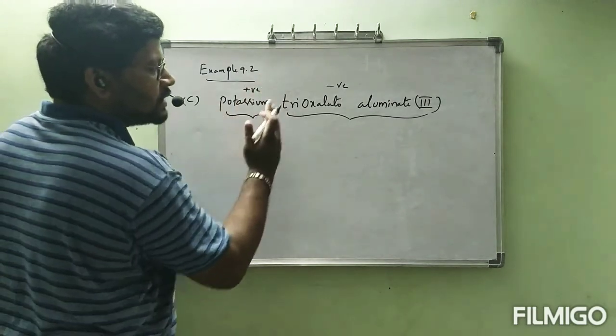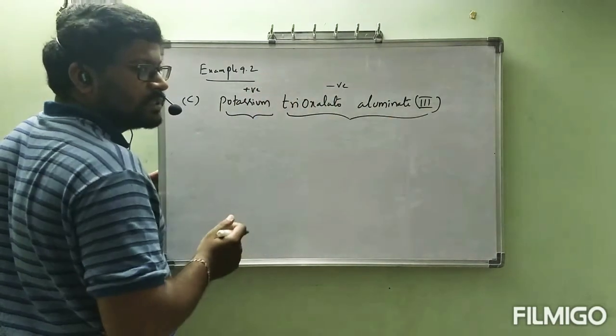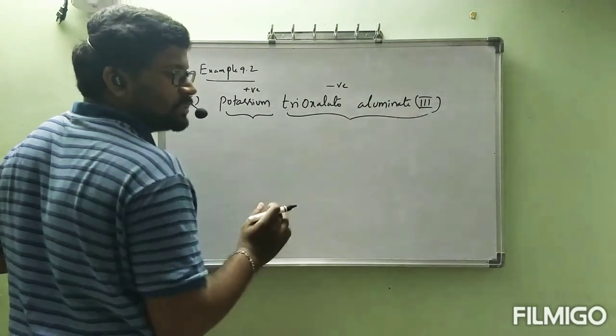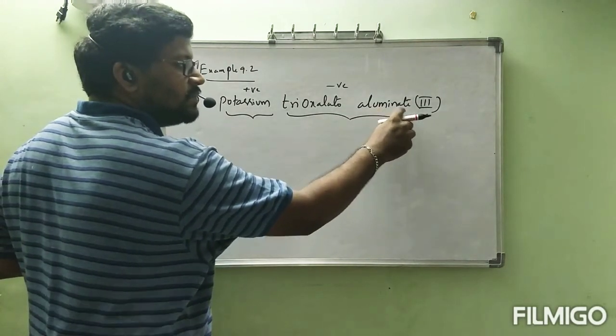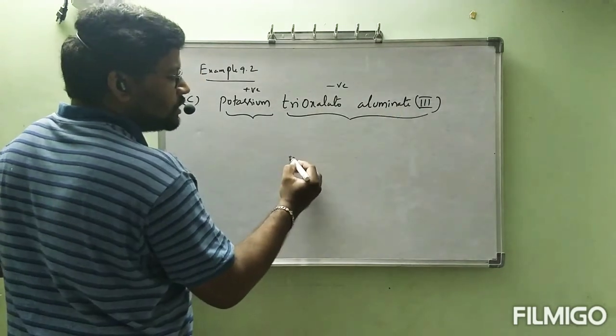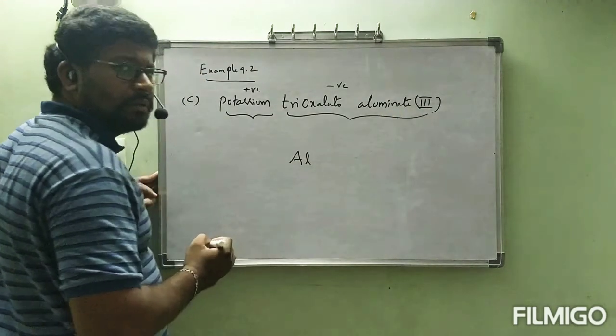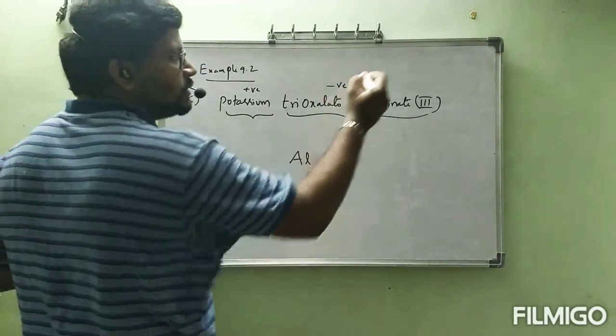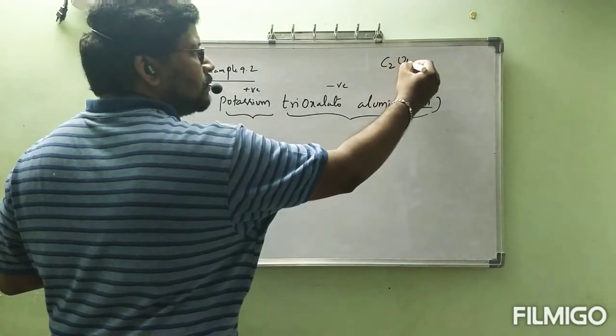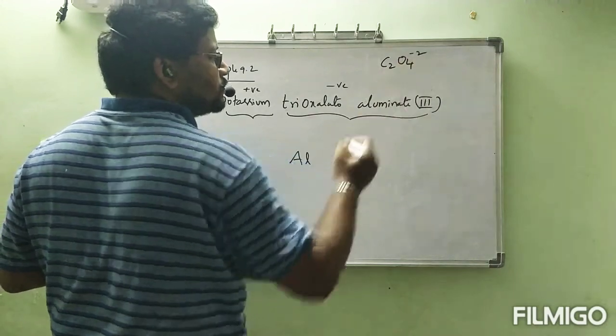First concentrate on complex. This is complex. What is the central metal atom? Aluminium. That's why its name is ended with 8. Aluminium, Al. Okay. Trioxalato. Oxalato formula C2O4 minus 2.